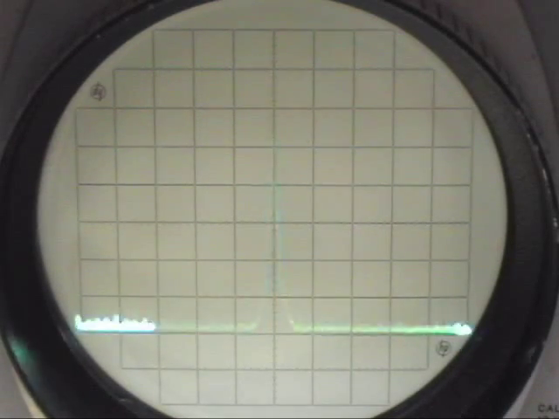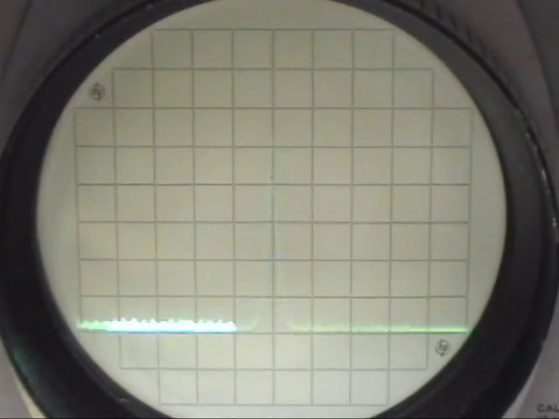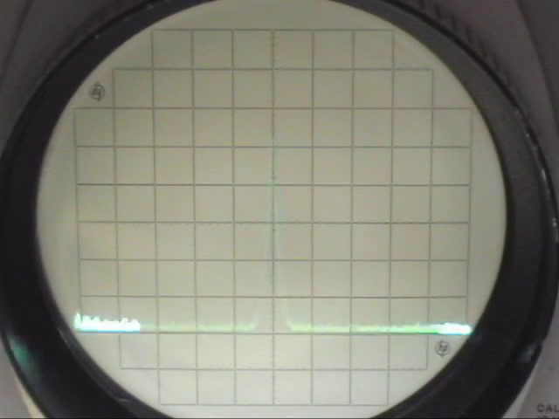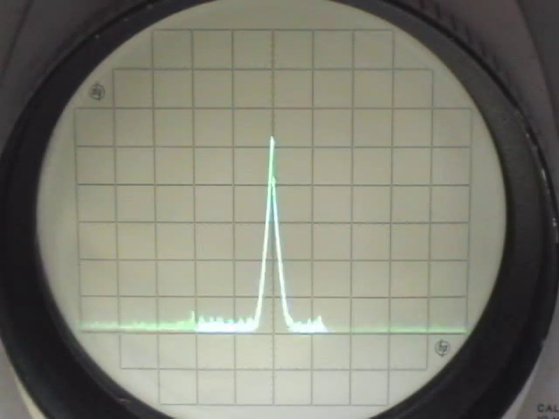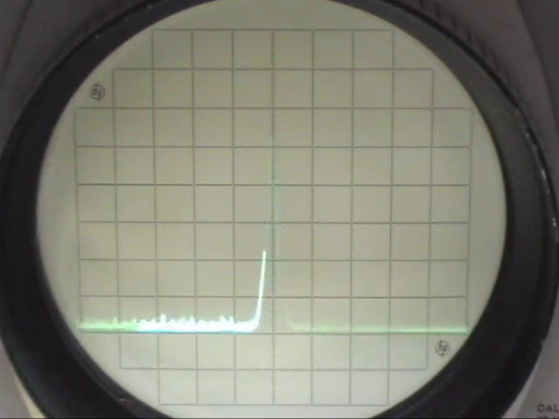That's two different ways you could do it. Another way would be with a power meter. Unfortunately, my power meter is broken right now, so I can't demonstrate that method, so we'll just have to live with these two. So I'm confident to say that my particular amplifier at 14 megahertz put out 23 dB.